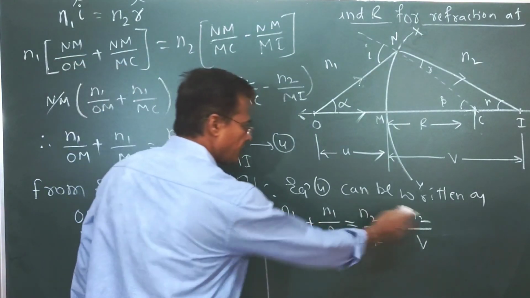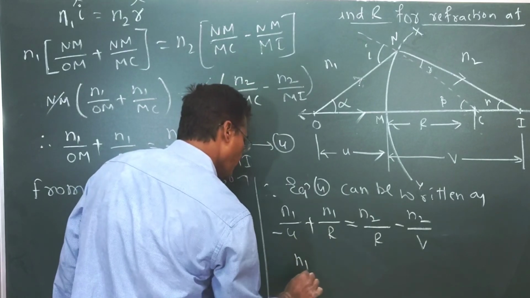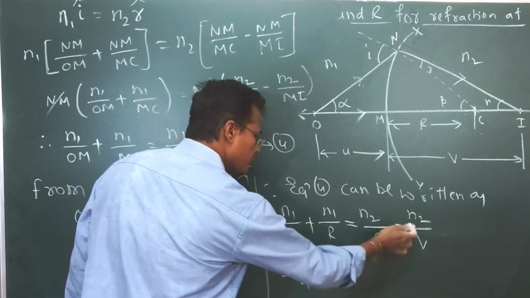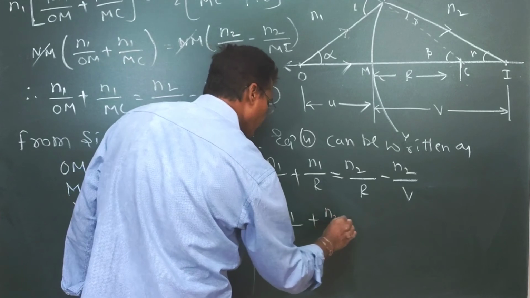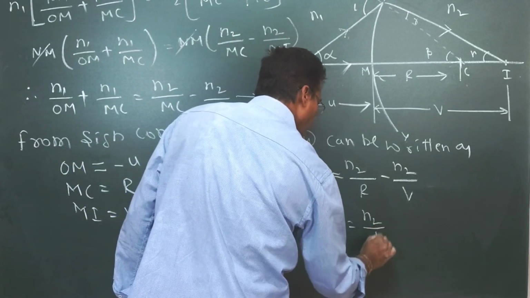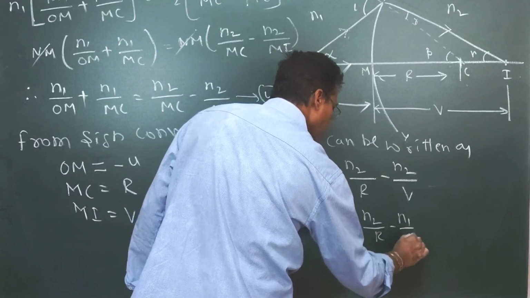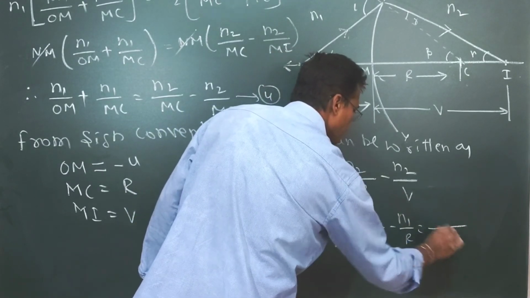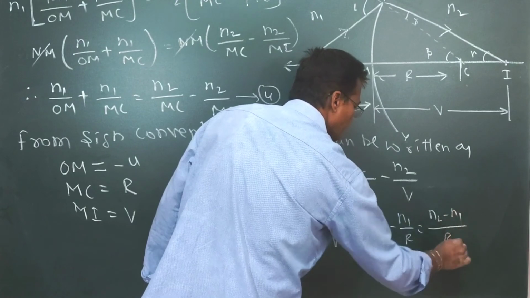Now we reshuffle this. Sending the terms to the other side, n2 by V minus n1 by u equals n2 by R minus n1 by R, and taking the LCM, n2 minus n1.